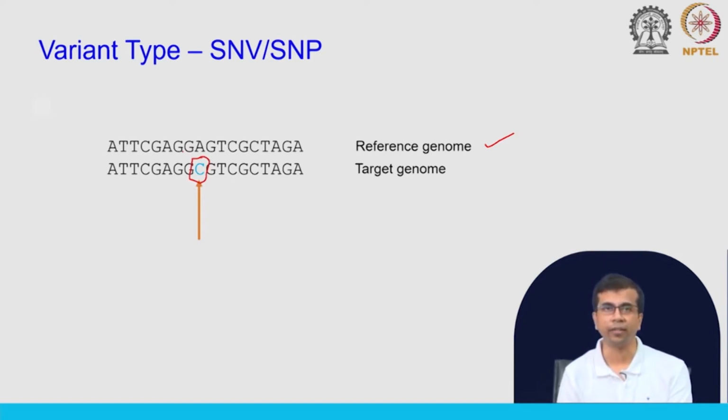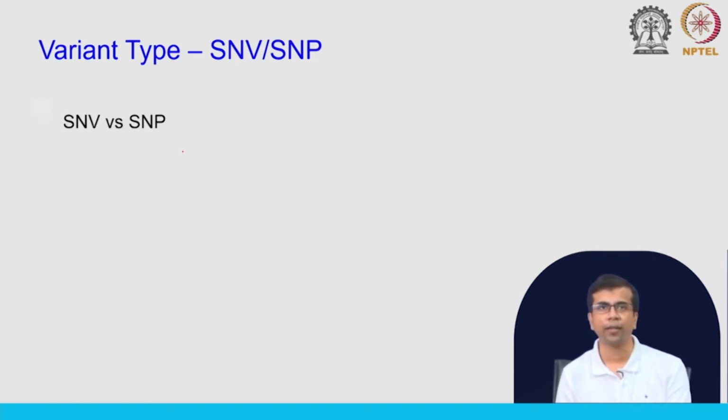And this is what we call SNV or SNP, single nucleotide variation or single nucleotide polymorphism. Now, you can have not just one such change, you can have multiple changes in nearby regions, and we call them MNVs, multiple nucleotide variations. These are a very small number of changes, maybe 3, 4 at most, and not more than that.